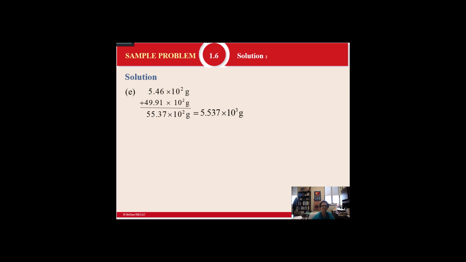See? Because it converted them both to squared, which is another way to do it. Instead of 4.991 times 10 to the third, it did 49.91 times 10 to the second, added it to 5.46 times 10 to the second.